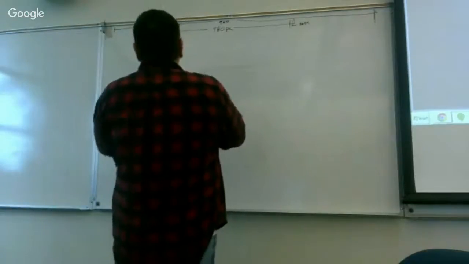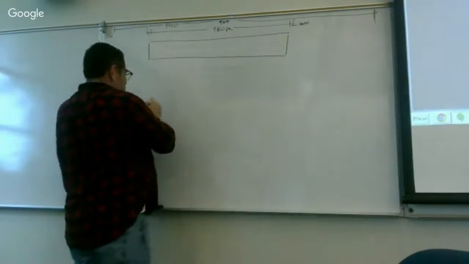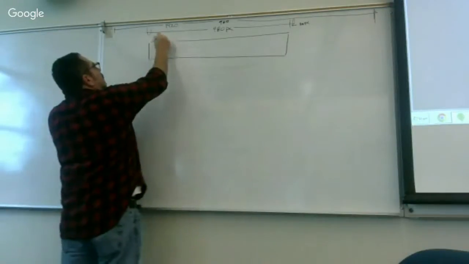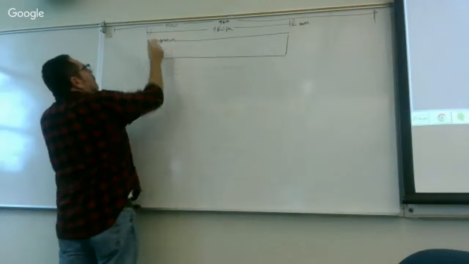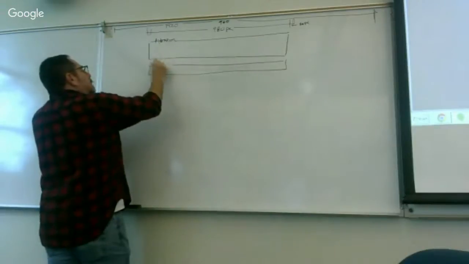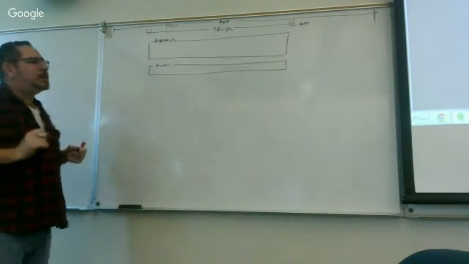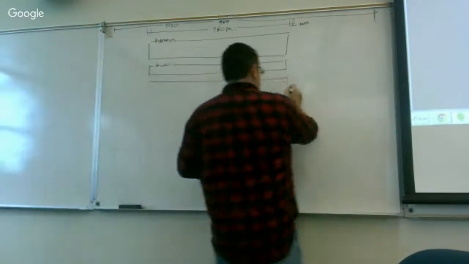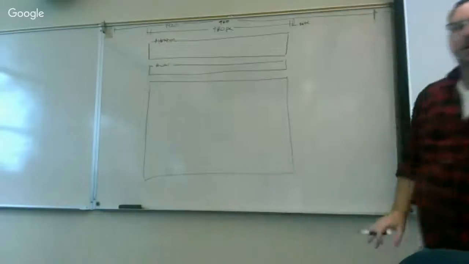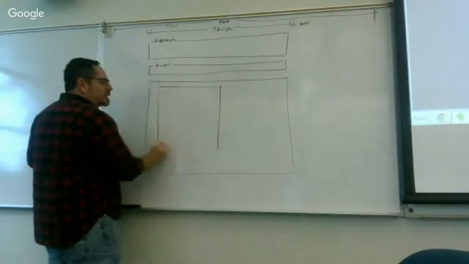So if we have a header, we possibly have a navigation. And this is where we'll start to get into my terminology, my labeling system. How many of you have ever seen my labeling system where, instead of an overall container, I am specifically worried about these two floated elements?